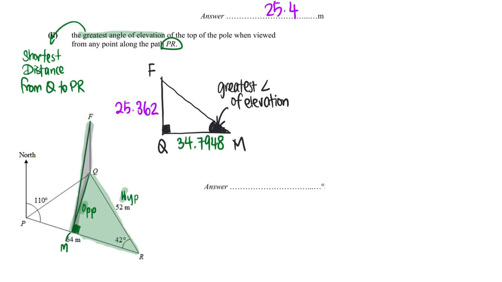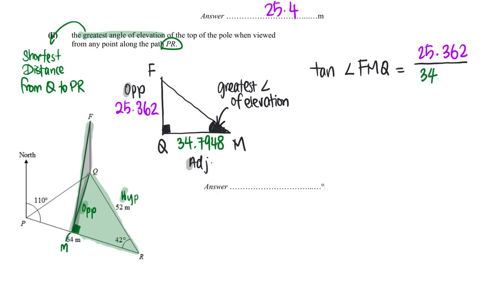Okay. Adjacent side, opposite side. Yes, we are going to make use of tangent to help us with this. So opposite over adjacent side, and we just need to find the answer to this.